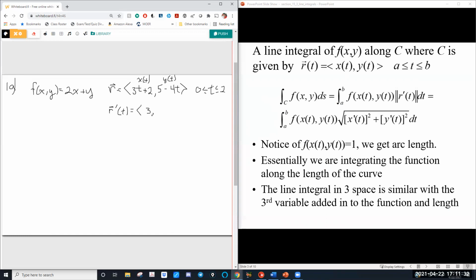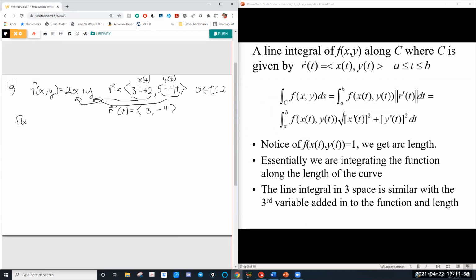So 3 comma negative 4. So that's our r prime of t. The other thing we have to do is get our function in terms of t. Remember, this is x, this is y, so this is getting plugged in for our x's, this is getting plugged in for our y's.